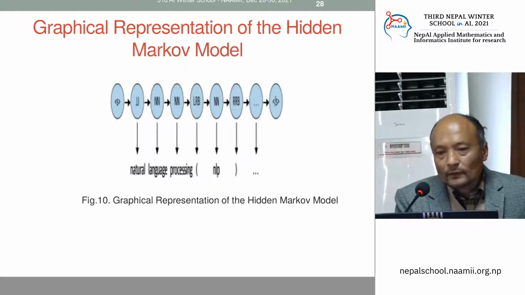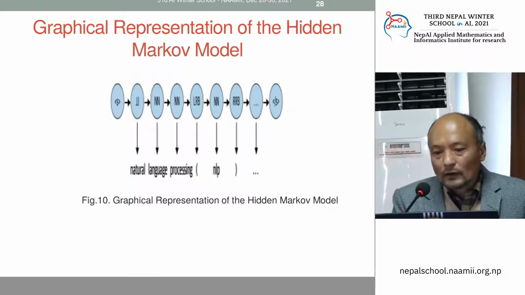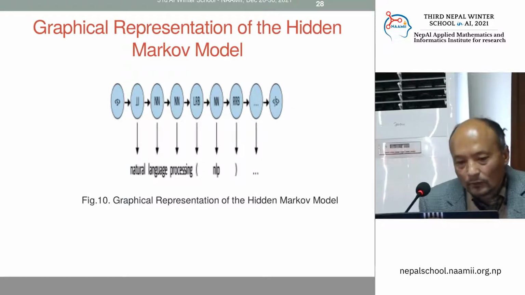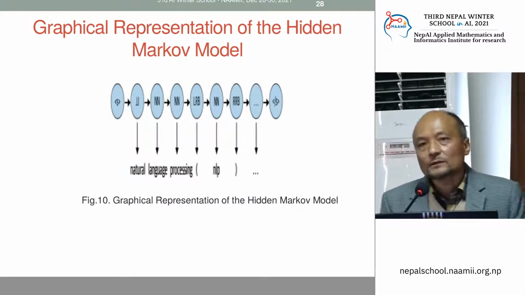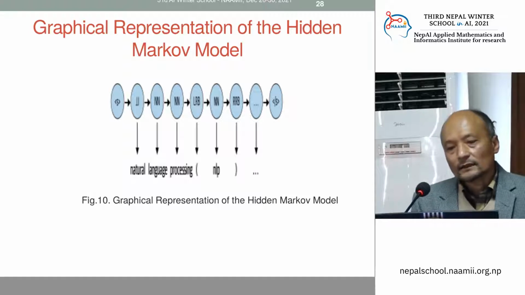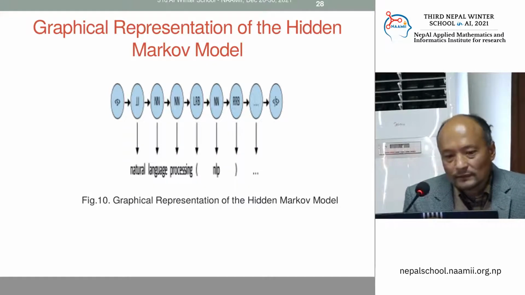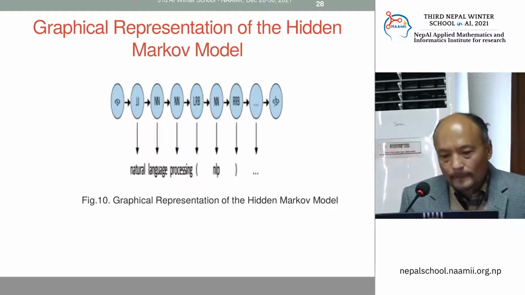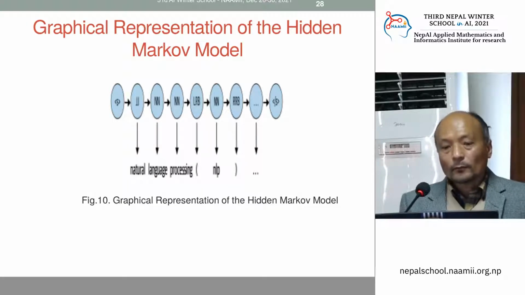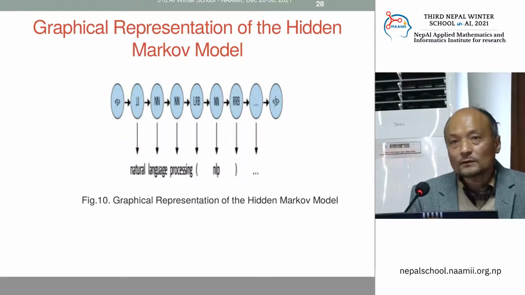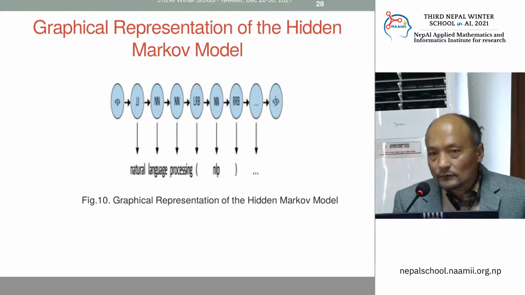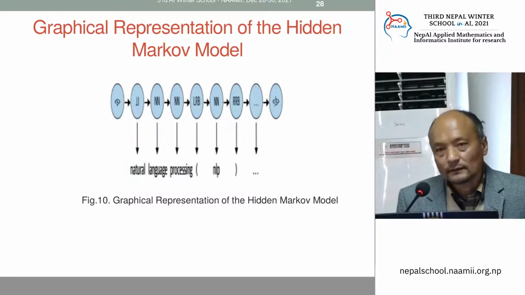So this is just a graphical representation of the Markov model. We have the text below, and we have the parts of speech tags assigned to each word in the text. From our discussions, we see that the parts of speech that have been assigned to this text are hidden.